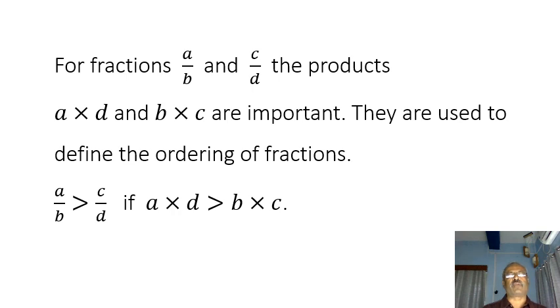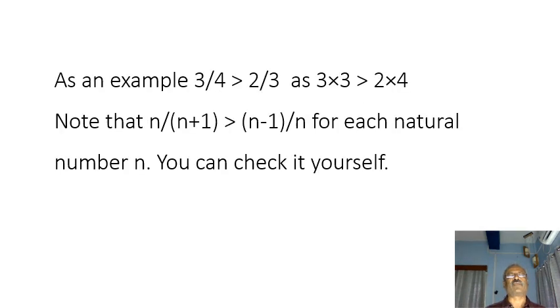A over b is greater than c over d if a times d is greater than b times c. An example is 3 over 4 is greater than 2 over 3, or 3 by 4 is greater than 2 by 3, as 3 times 3, which is 9, is greater than 2 times 4, which is 8.